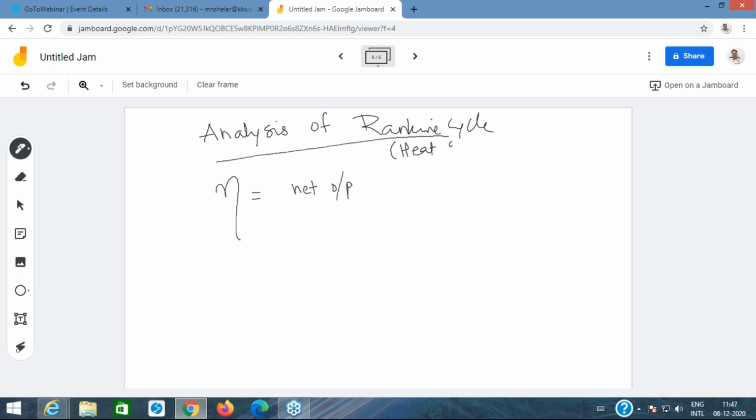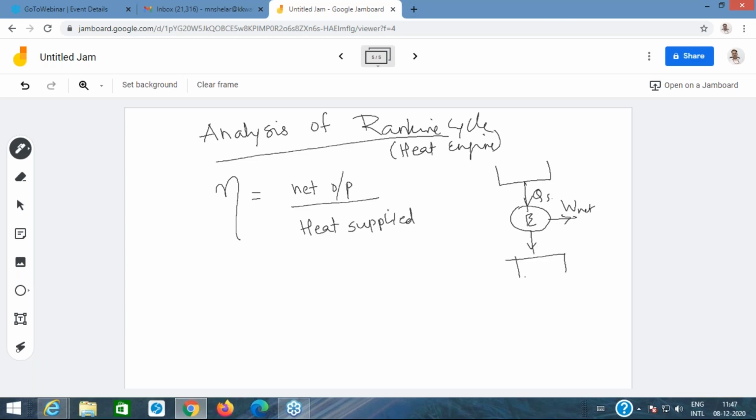This is the heat engine. So net output upon the heat supplied. That is how the engine efficiency is. So for an engine, how do you calculate the efficiency? The net output upon the heat supplied would be the first law efficiency of the engine.